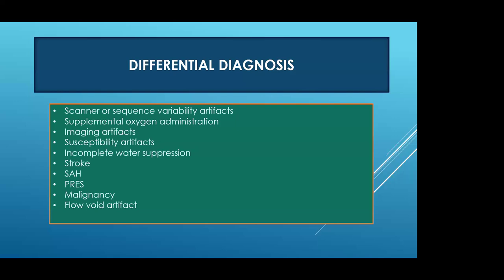It has been seen and mentioned in some of the cases receiving a high dose of oxygen. And we do know that this high dose of oxygen actually creates a pattern in which they do show a hyperintensity in T2 FLAIR.